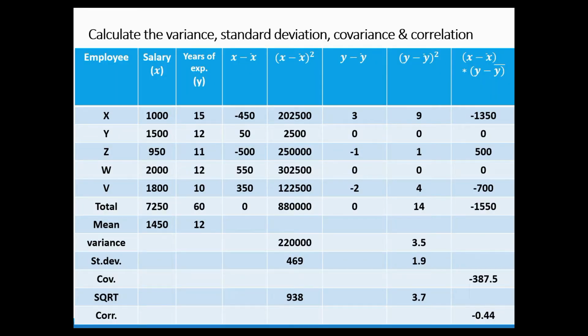Let's take a numerical example to illustrate all what we have talked about, all the mean and the different dispersion measures. So if, for example, we have a data set that contains two variables x and y.